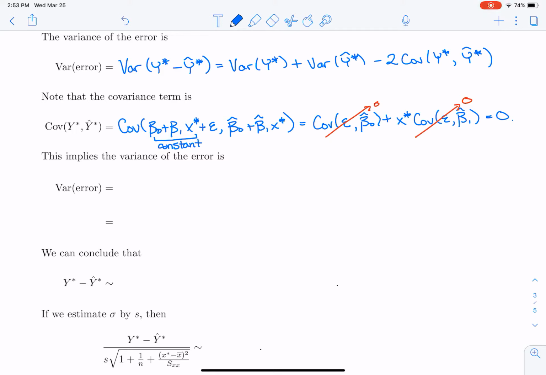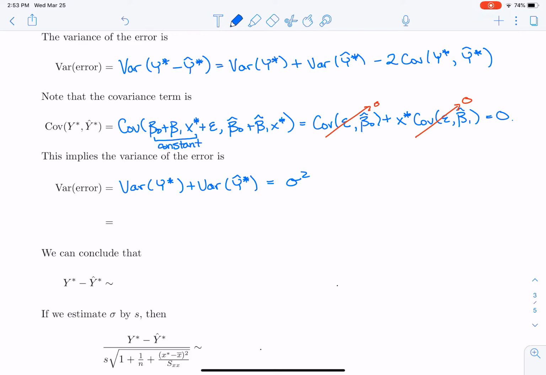So that means the variance of the error is really just going to be the variance of y star plus the variance of y star hat. Well, the variance of y star, that's going to come from epsilon, and that's going to be sigma squared. So the variance of epsilon is sigma squared.